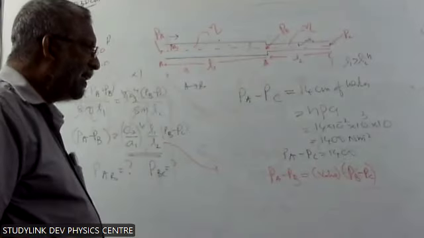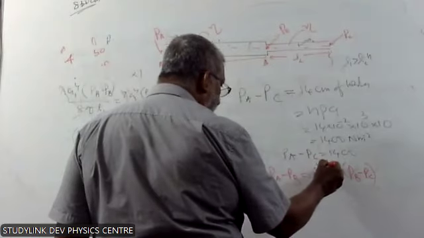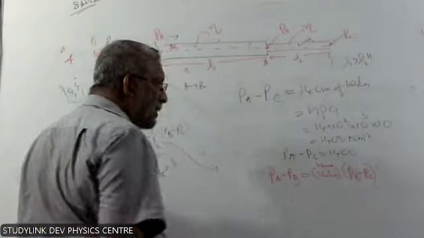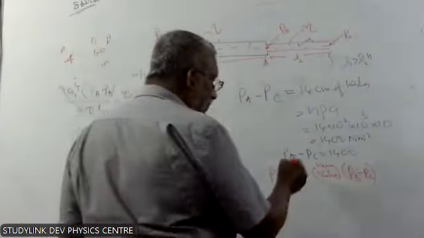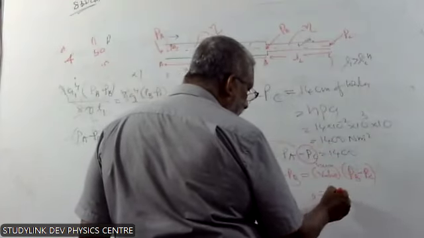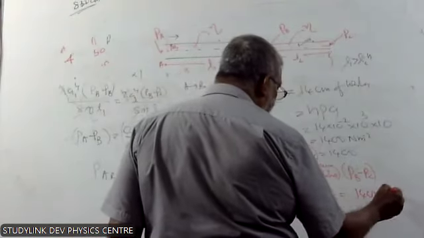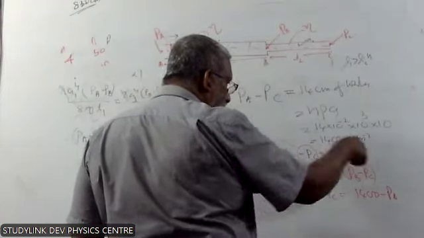This is some numerical value. Now, you can subject minus PC. We'll say minus PC is equal to 1400 minus PA. Understood? This is kept as it is and PA is taken to the other side.